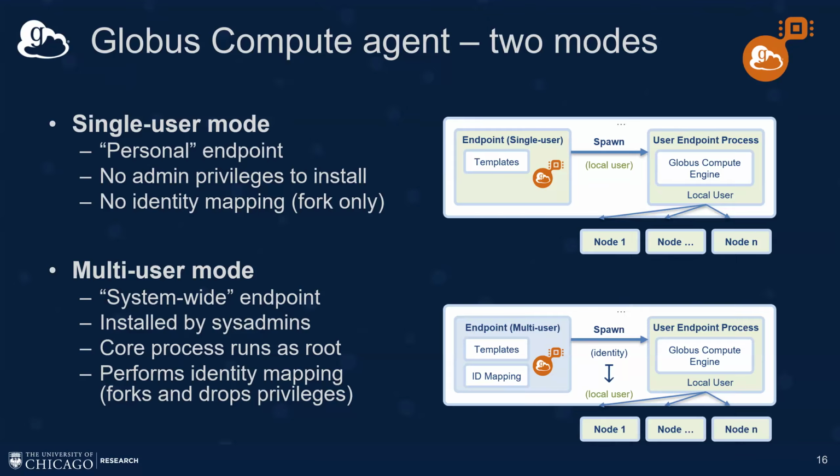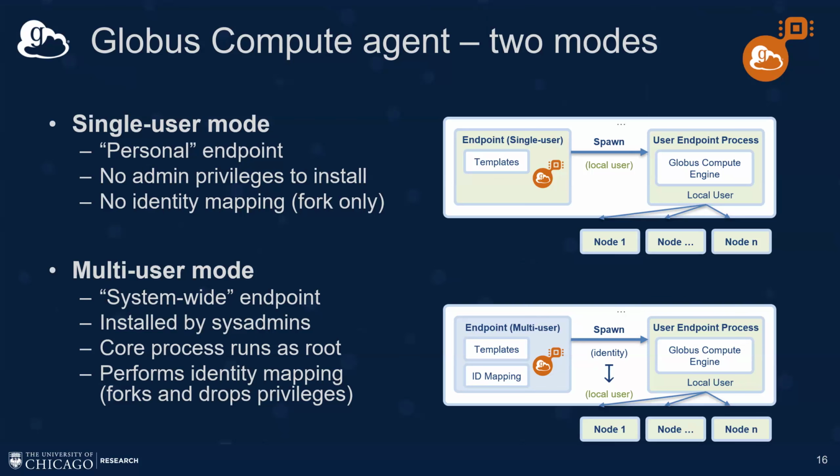The core process, the endpoint listener, runs as root. When a request comes in, it performs identity mapping, forks, drops privileges to that local user, and starts a transient user endpoint process as that user.